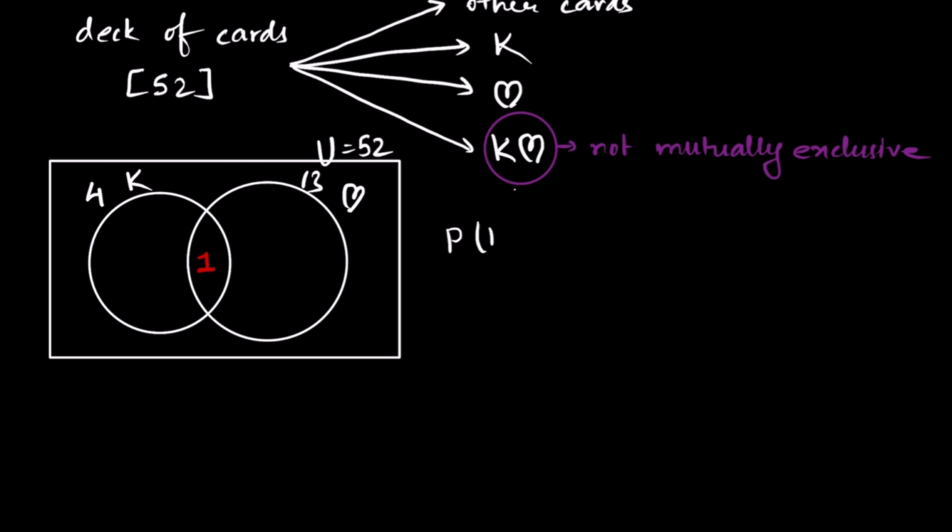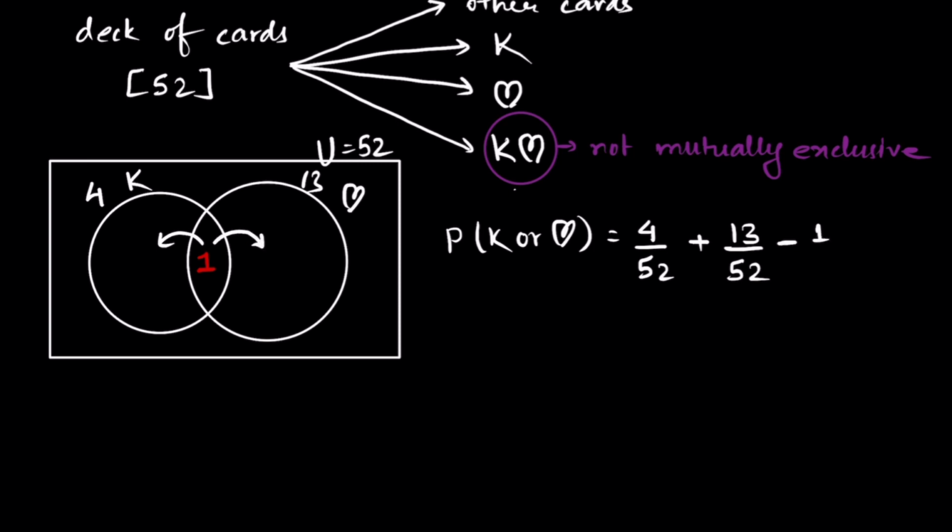So the probability of getting a king or a heart is going to be equal to, what's the probability of getting king? 4 by 52. Plus, what's the probability of getting heart? 13 by 52. But then there's also the probability of getting both king and heart at the same time, which is added here as well, which is a part of that as well as this.